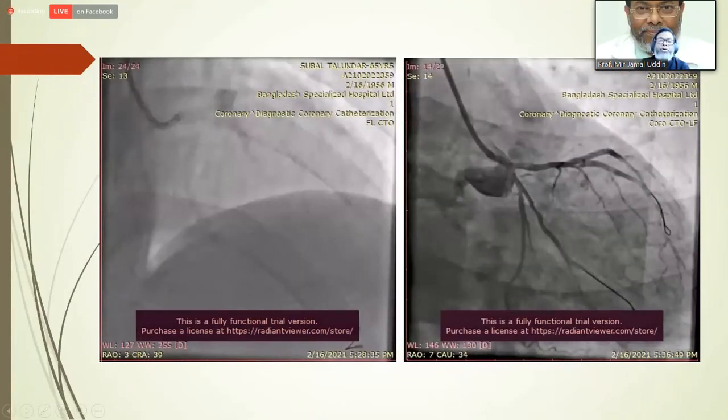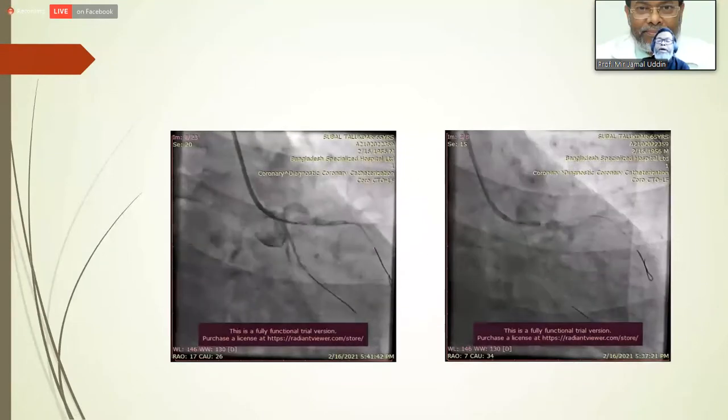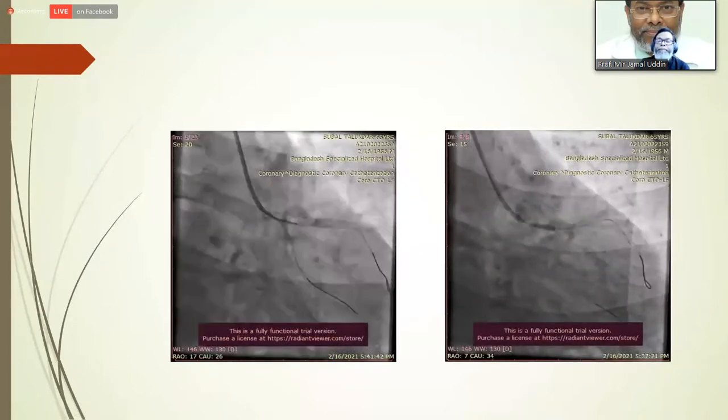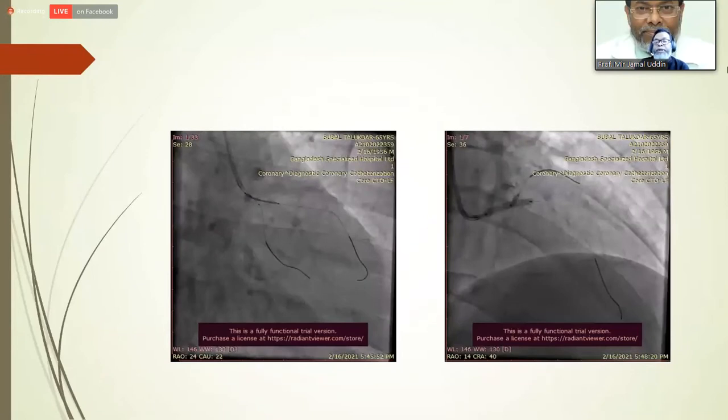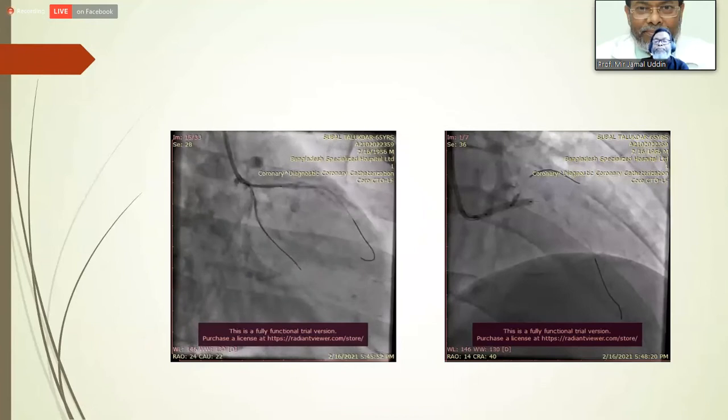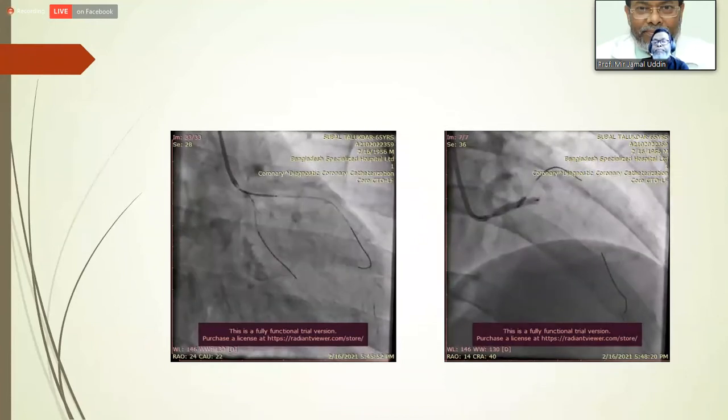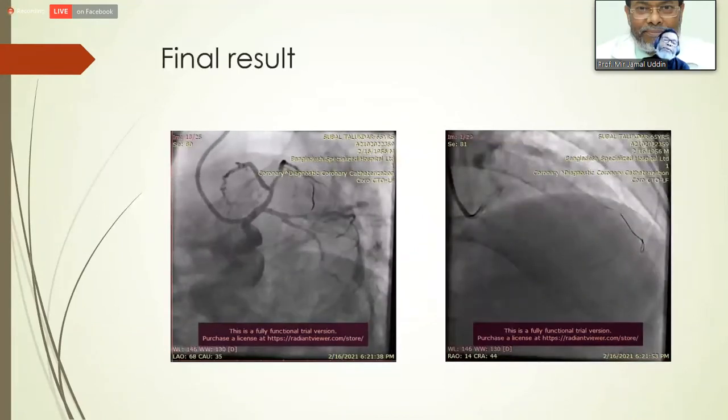Procedure is going on, wiring both vessels, and the stent is deployed LM to LAD. And here you see another balloon, this jailed balloon technique I have done. This balloon is jailed in the left circumflex, and this is the result after the procedure.